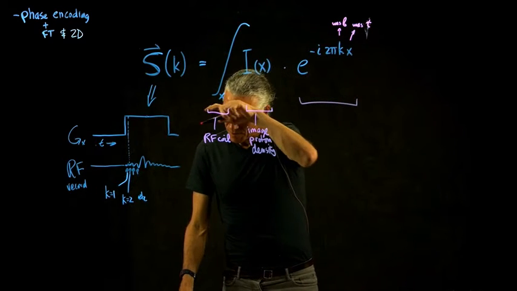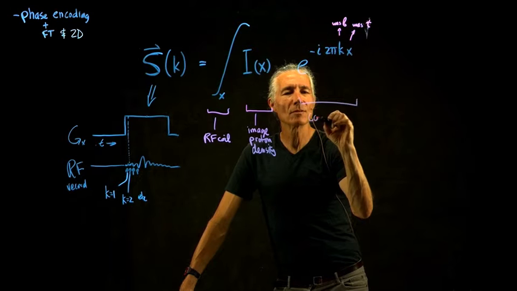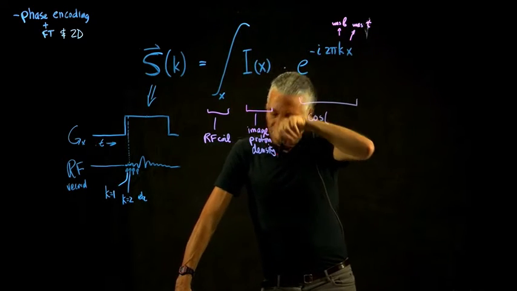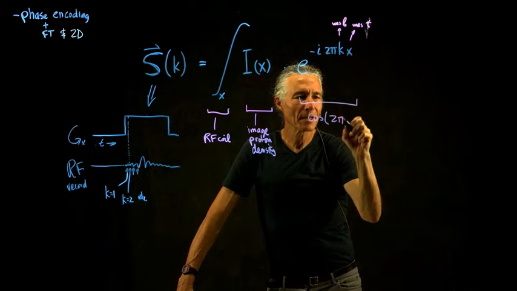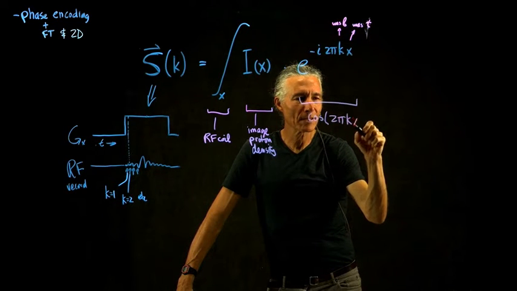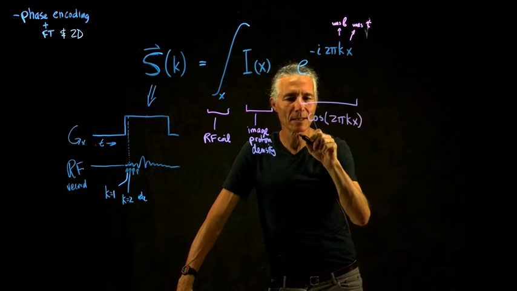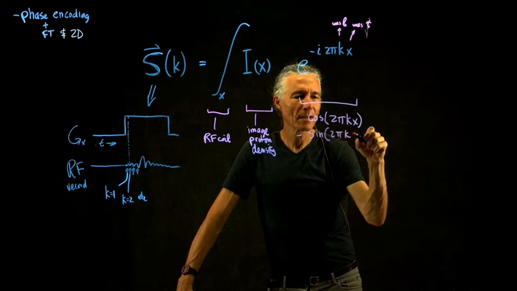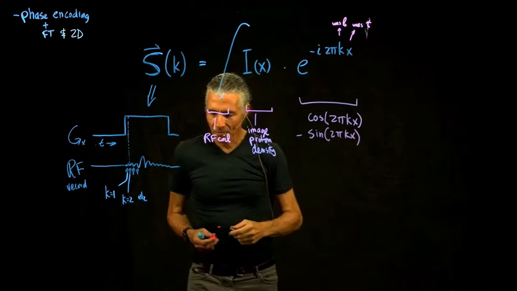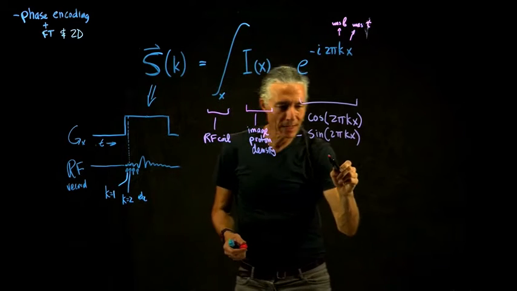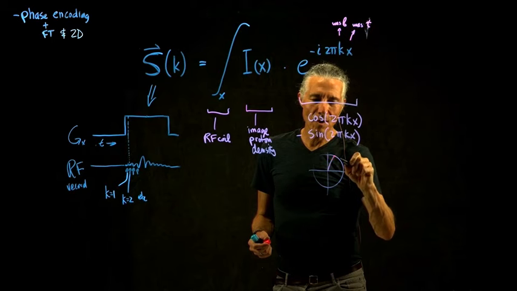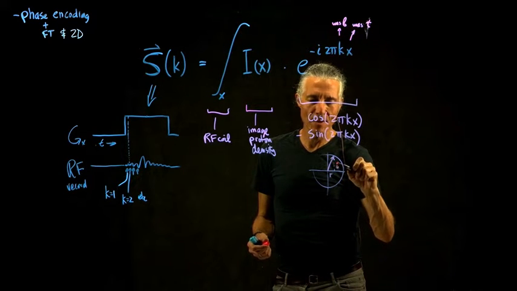And then where does this come from? This is cosine of, you can divide that complex number up into cosine 2 pi, the current spatial frequency times the current x position, minus sine 2 pi kx. And what is that? Well, that's a vector of length 1, and that's basically the real and the imaginary part of that vector.